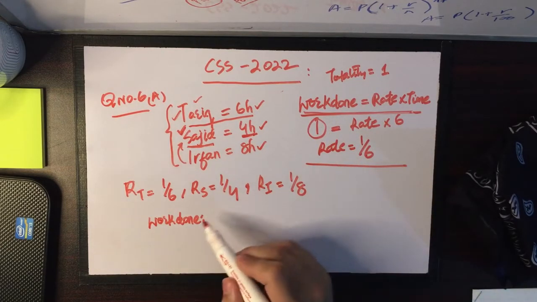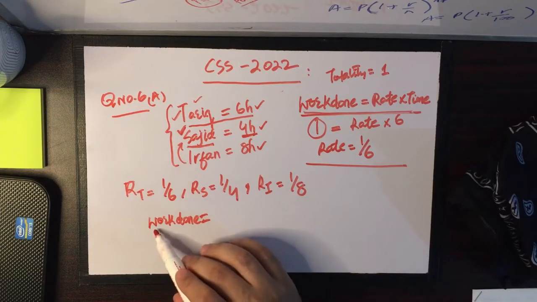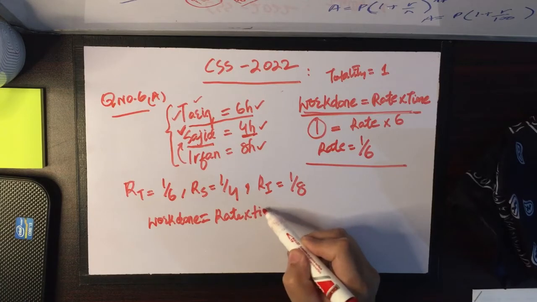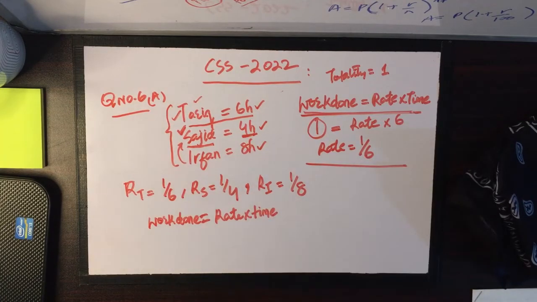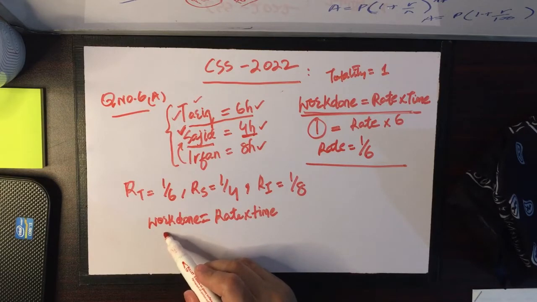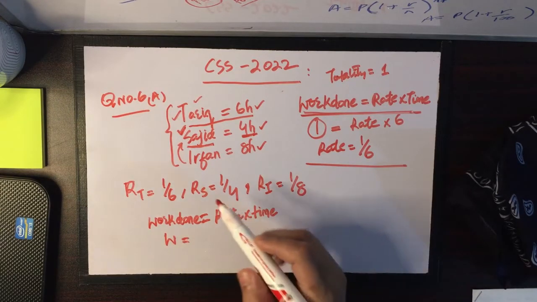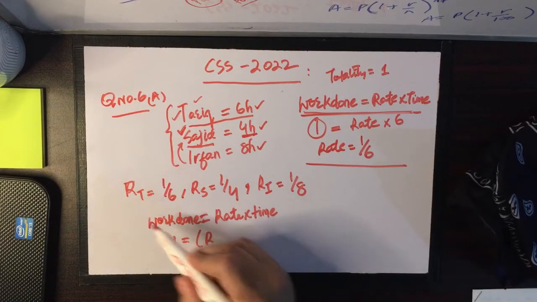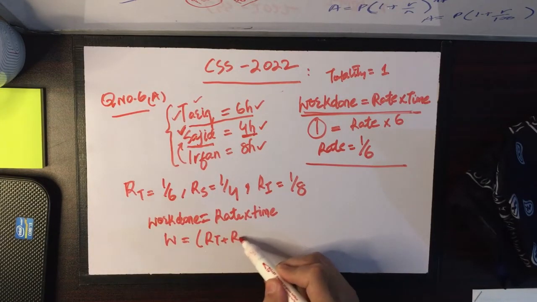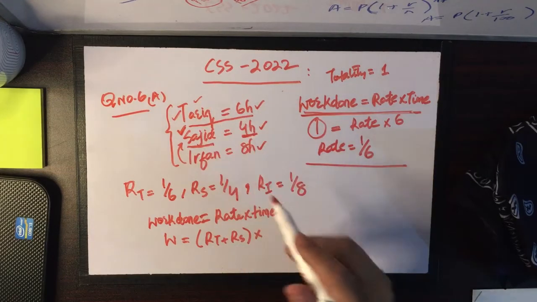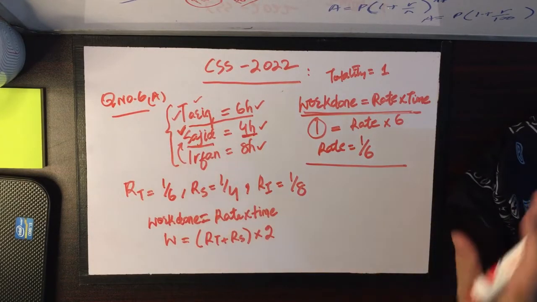To find work done, we'll use this formula, which is the only formula we use for questions related to rate. So work done, or W, is equal to the rate of Tariq plus the rate of Sajid, into time. The question says they worked together for 2 hours, so it's 2.